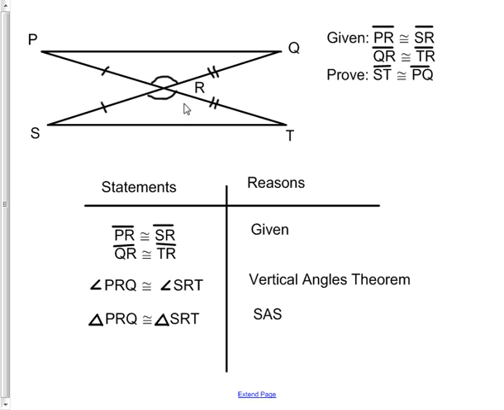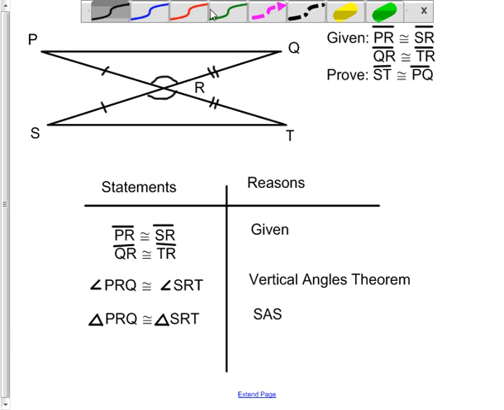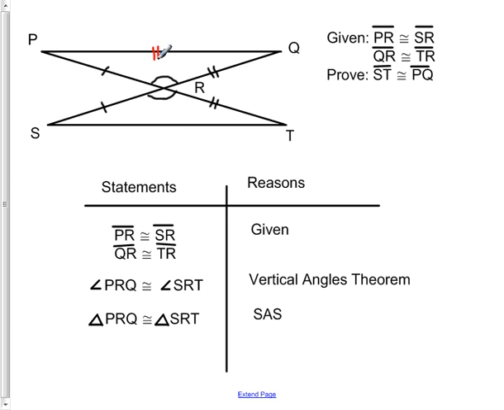They're congruent. So if they are congruent, that means that this side up here has to be the same as this side down here because these 2 triangles are the same. So if these 2 triangles are the same, then all the parts that match up have to be the same. Same thing here. This angle would have to be the same as this angle. But that's not what they're asking us to prove.